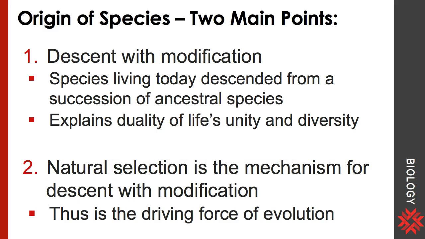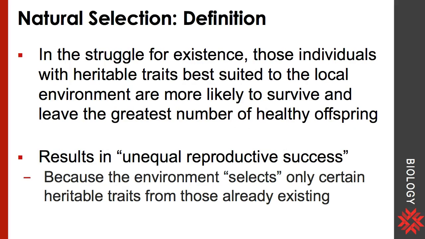So let's look back and tie that into what Darwin was talking about with natural selection. So first we've got this big definition here for natural selection, but natural selection says that in the struggle for existence, so there's always struggles in life.